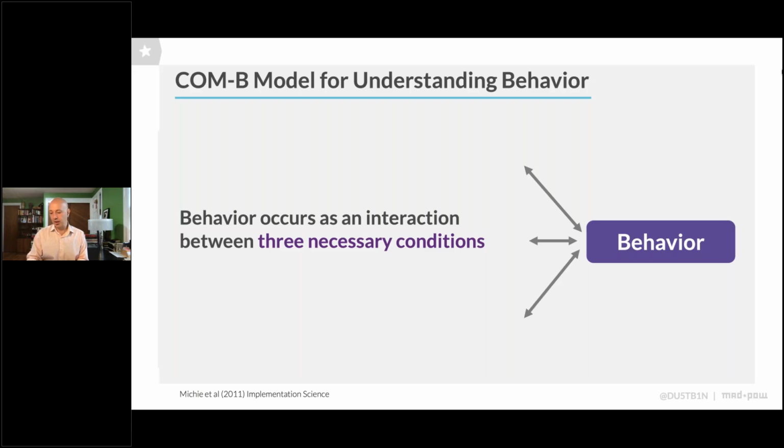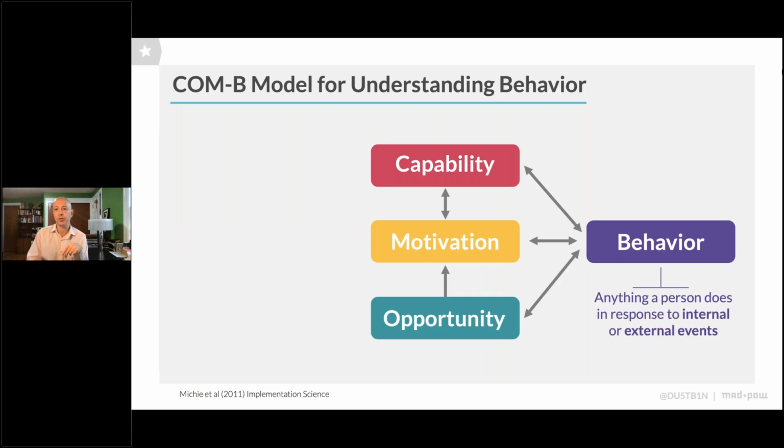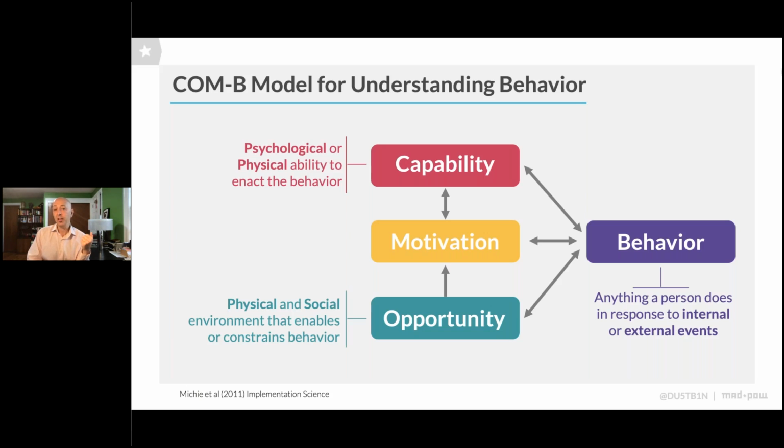The model states that behavior occurs as an interaction between three necessary conditions. So three things need to happen for any behavior to occur. A person needs to have the capability, both the psychological capability and the physical ability, to enact a behavior, and the opportunity to do that behavior.